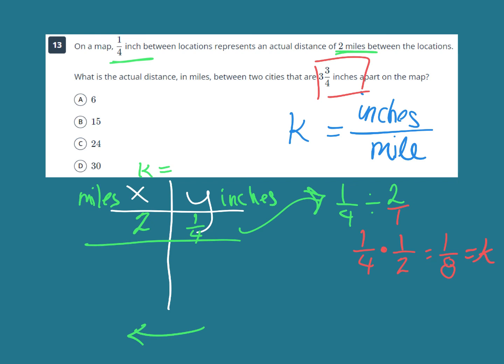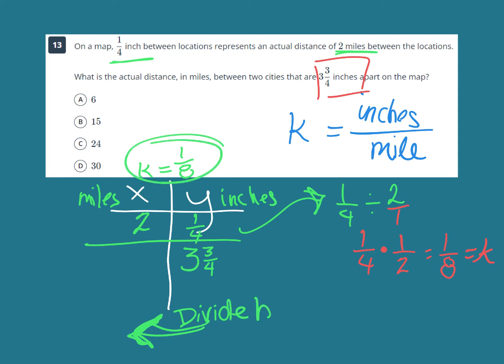Well, first of all, our K is 1/8. 3 3/4 inches. Well, that's my Y, so 3 3/4 has to go here. If I'm going from left to right, I know that I need to divide, and I'm dividing by my K, so that's 1/8, right?